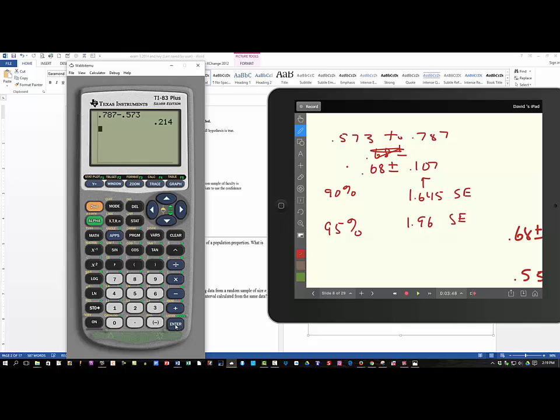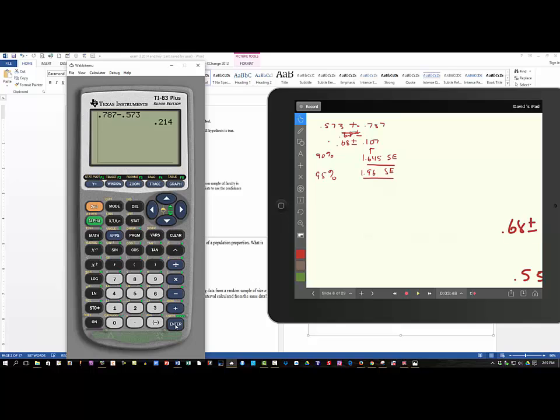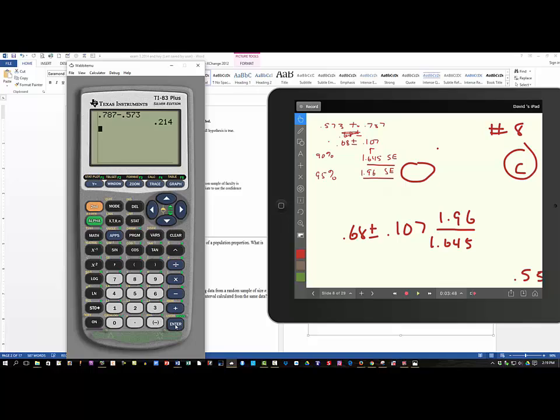So for that 90% confidence interval, that 0.107 is equal to 1.645 times the standard error, and for 95% it'll be 1.96 times the standard error. Maybe it might be a little easier for you to think of it in this way.